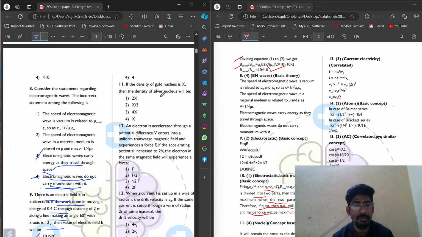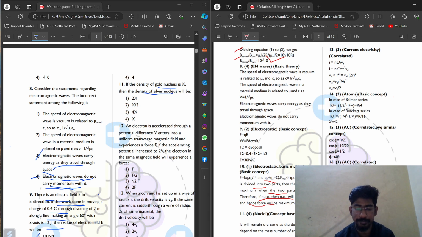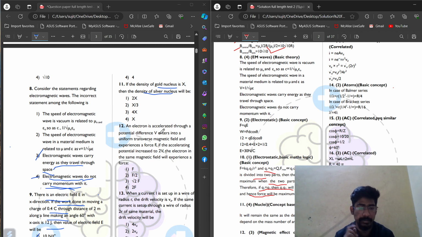If the density of the gold nucleus is x, then the density of the silver nucleus, this is a classic question from nuclei. The only difference between gold and silver is the atomic number and the mass number.